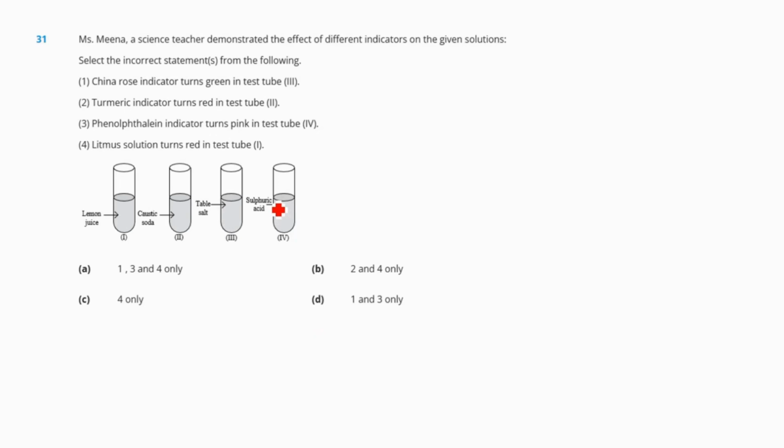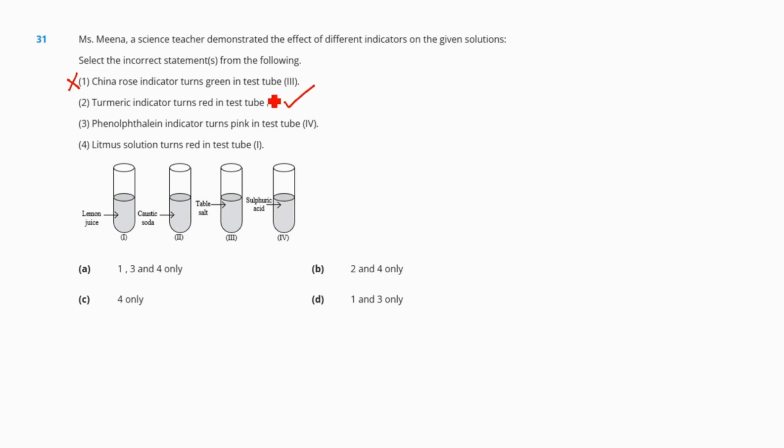So the first statement, China rose indicator turns green in test tube 3, this is incorrect. Why is this incorrect? Because test tube 3 is having table salt.